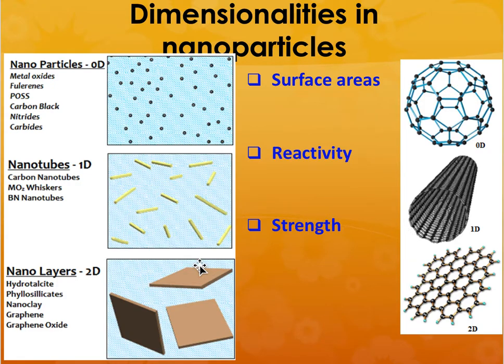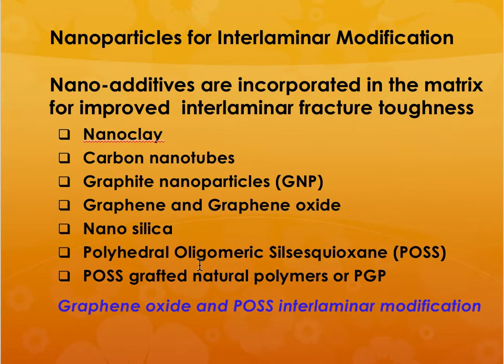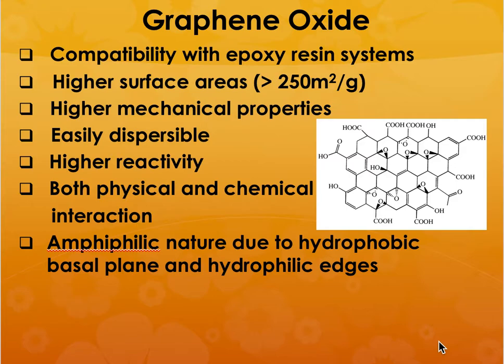So they don't always give you the property improvements for the amount of material that you are adding. People have tried different kinds of materials like nanoclay, carbon nanotubes, graphite nanoparticles, or POSS. But the problem with most of these is that they are not really compatible with the epoxy resin systems.